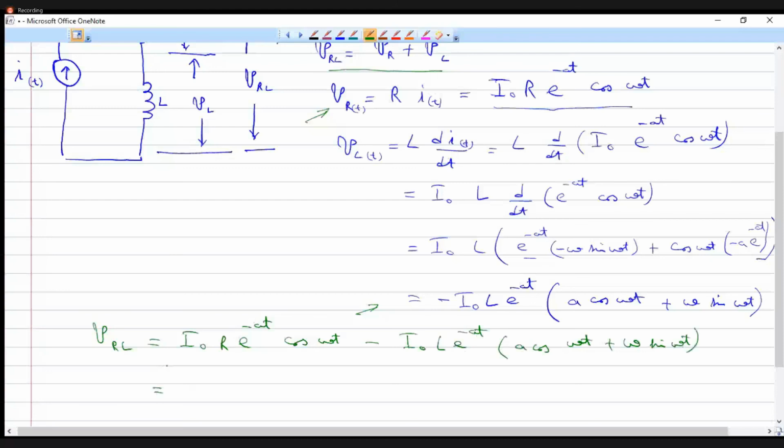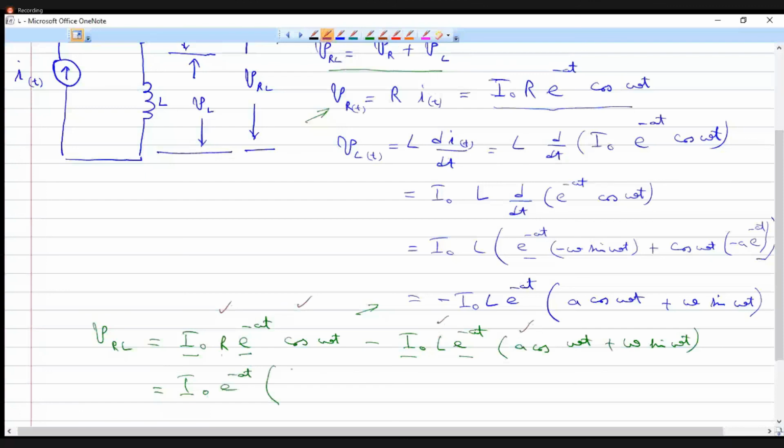If you take out certain terms, again there is a common factor here. Similarly, here you have I naught e power minus αt common in the first term and the second term, so I can pull it out of a common bracket: I naught e power minus αt. What remains here is R cos omega t and, with a negative sign, A L cos omega t.